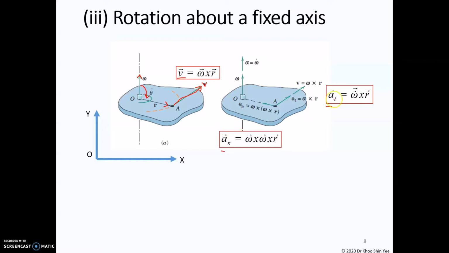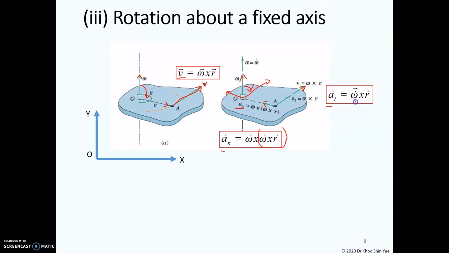For the acceleration case here, you have omega cross r to be this direction. So if you take the omega and cross with this vector here, as the result of the cross product, you should obtain the acceleration in this direction. So this is your normal acceleration.